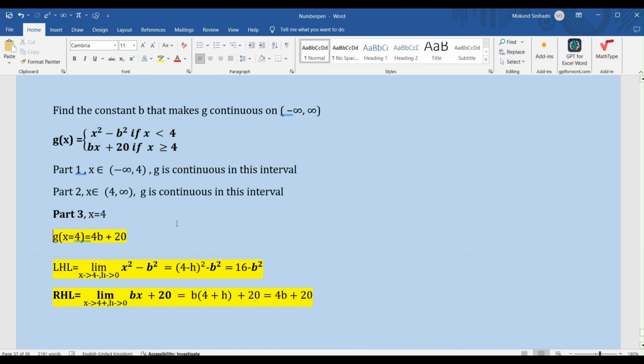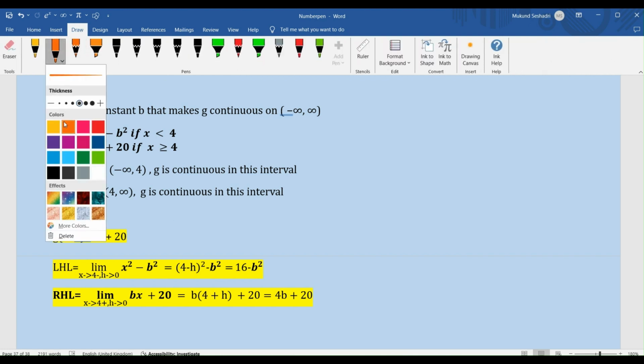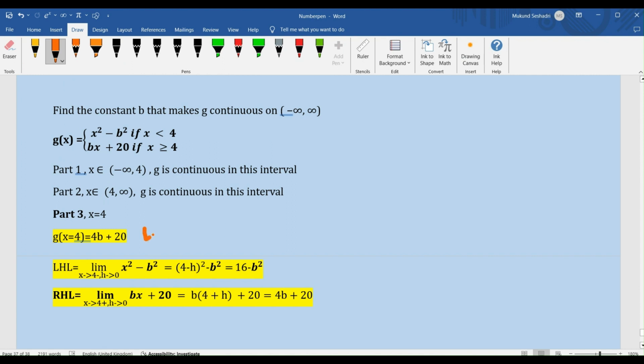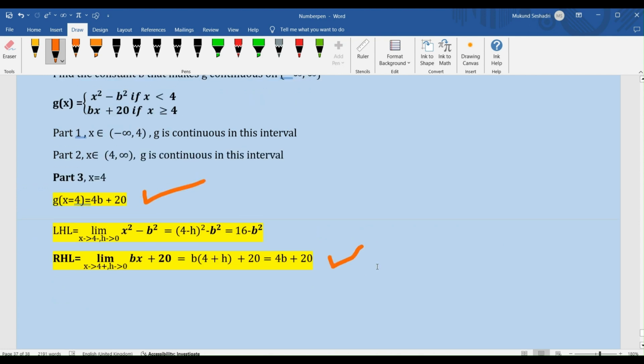And for continuity, I need to have all these three values, which we have highlighted in yellow, to be equal, right? Now I'm going to pull out my pen. I know that my g of x at x equals 4 and my RHL are equal. So I don't have to worry about it. So the function is definitely continuous from the right. Now I'll have to be worried about continuity from the left, right?